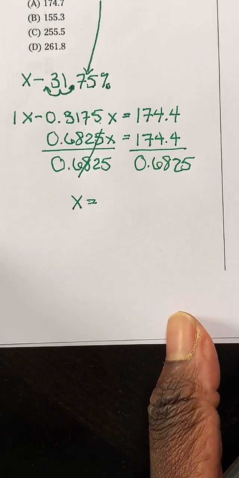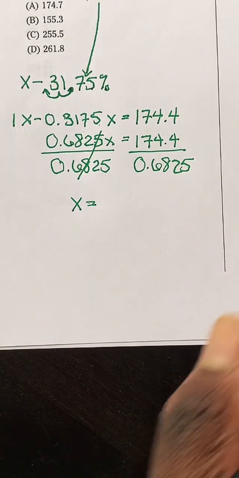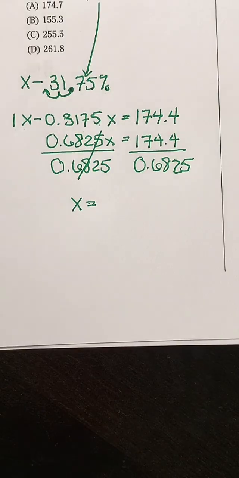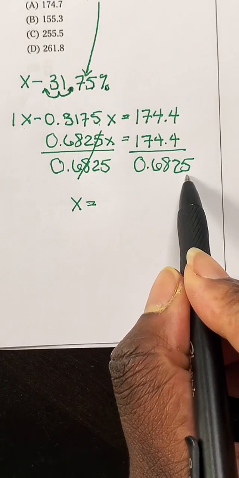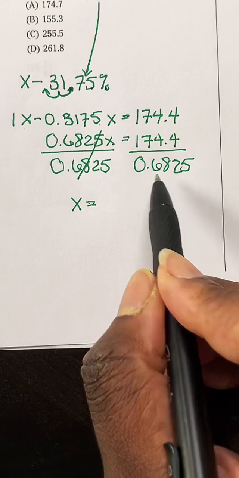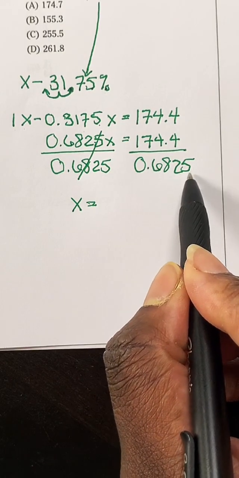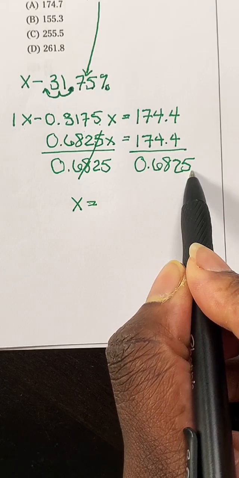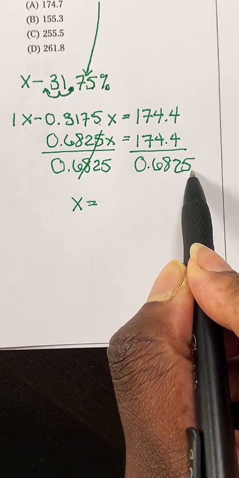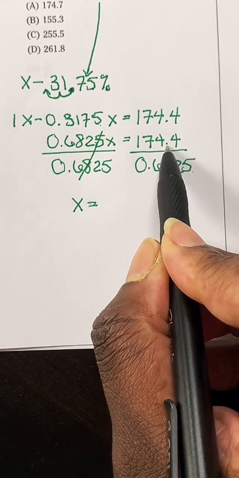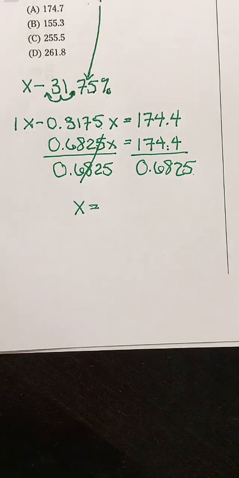And if you don't recall, if you try to do this by hand, which I'm not going to, you have to remember your divisor can never be a decimal. You're going to have to move this decimal point over 1, 2, 3, 4 times. So if you move the decimal place over 4 times in the divisor, you have to move the decimal point in the dividend the same amount of times.